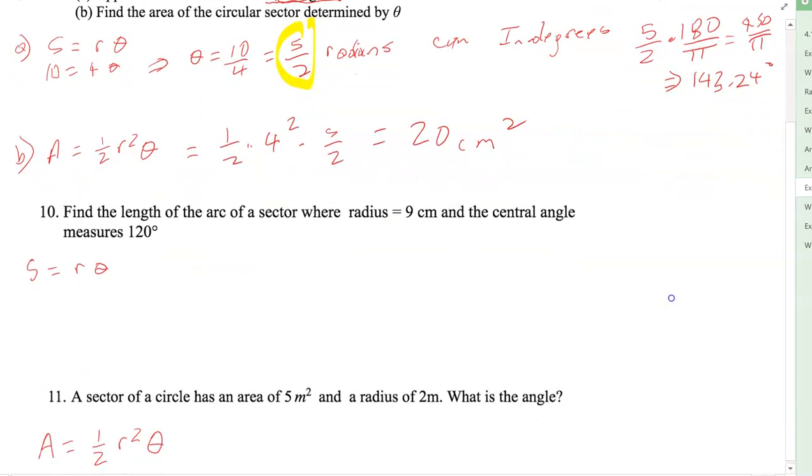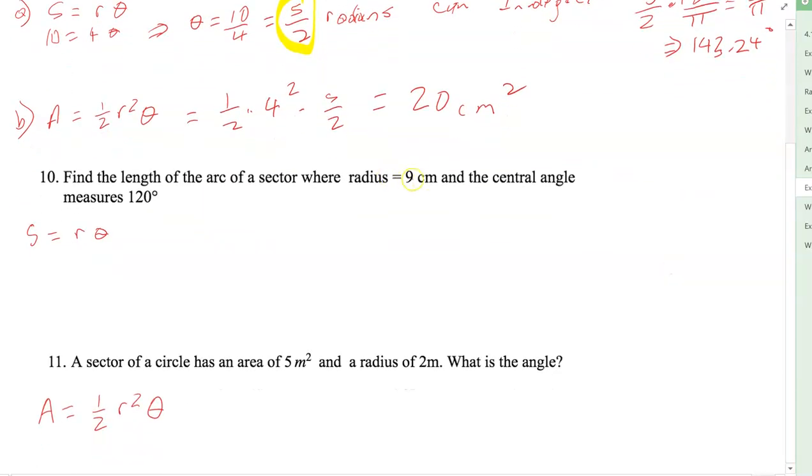Okay, number 10, find the length of an arc of a sector whose radius is equal to 9 and central angle measures 120 degrees. So here we have it in degrees, so convert to radians. We could either do that aside or do it while we're working through. So S is equal to the radius, which is 9, times theta. Theta is 120 degrees, but we're converting that to radians, so that's times pi over 180.